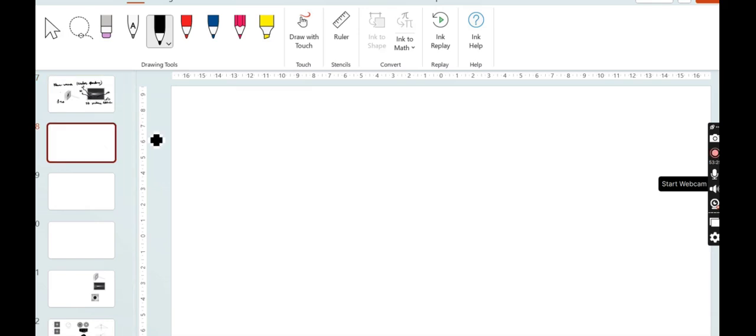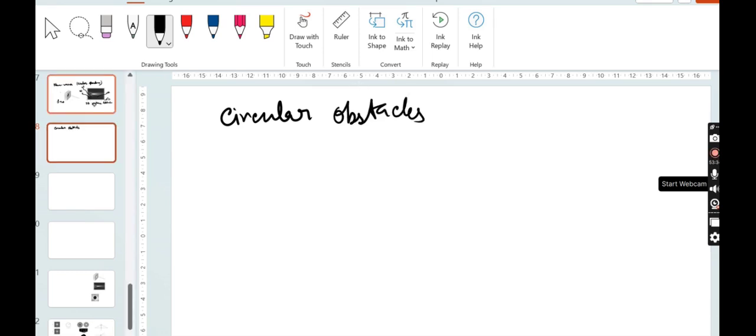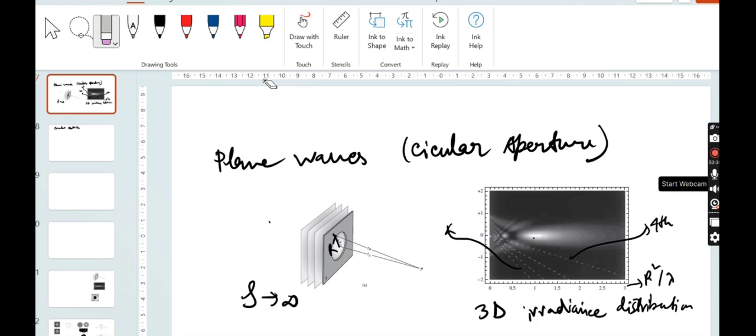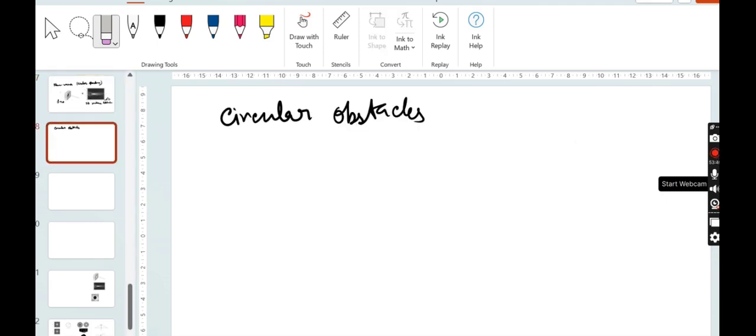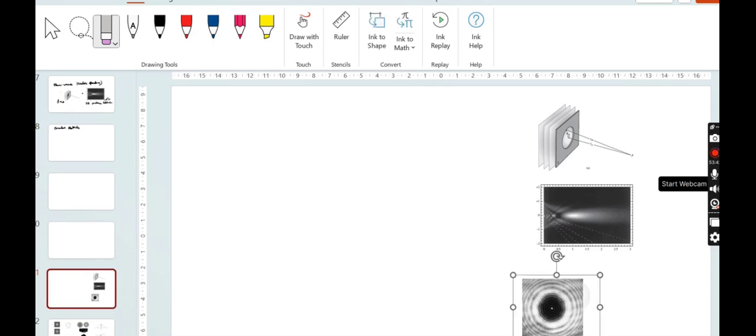Okay, now we go to the circular obstacle. For circular obstacles, we get a diffraction pattern like this.